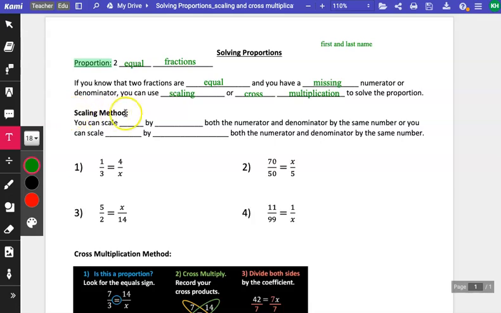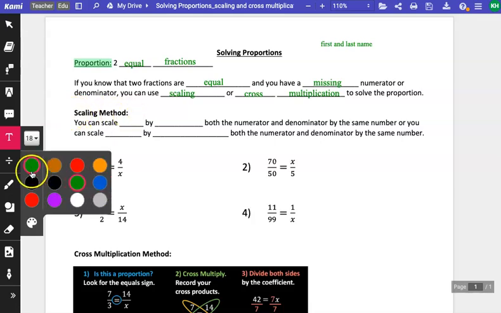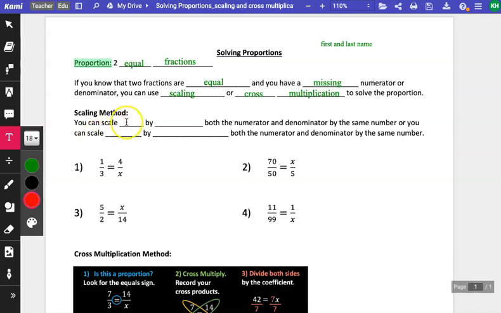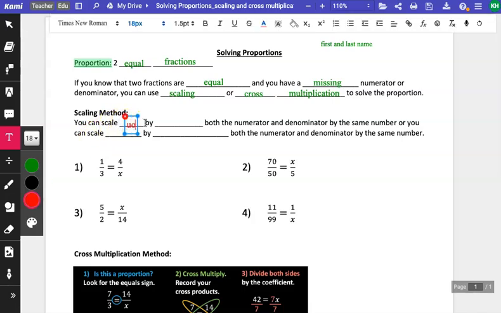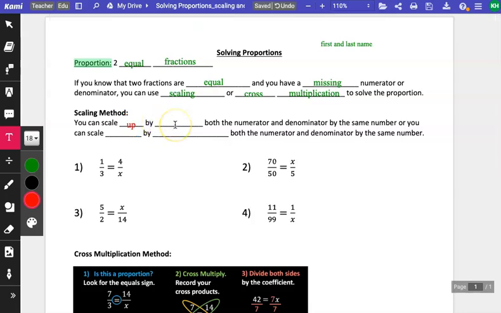So here's some notes about the scaling method. I'm going to use a different color.